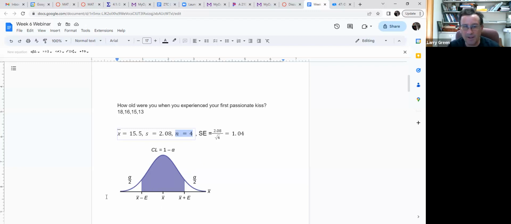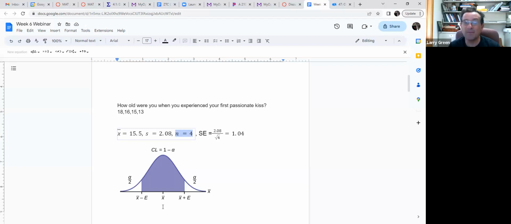By doing that, I can draw a picture. Here's a picture, and it's a normal distribution picture. We're going to say X bar is kind of our mean because that's our best guess. And we learned from last week that the sample mean is an unbiased estimator for the population mean, which means that from our data, this is our best guess for the population mean.